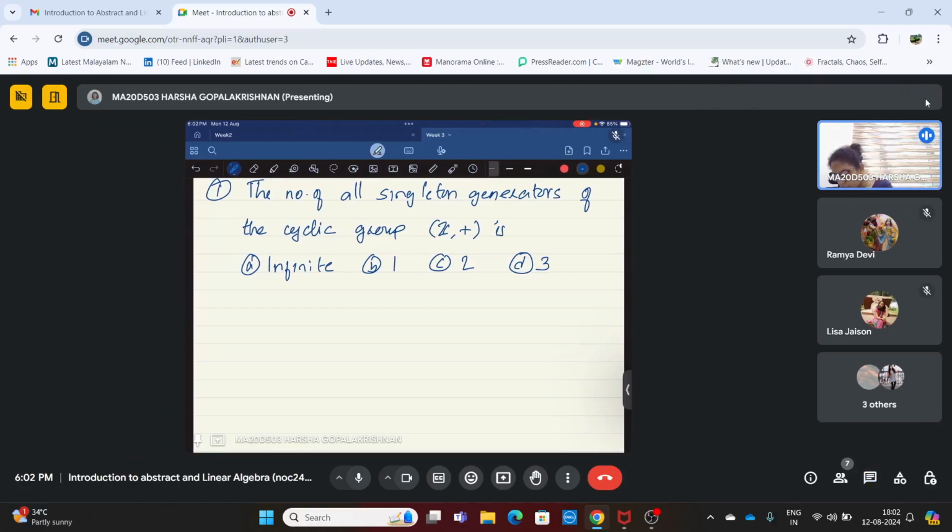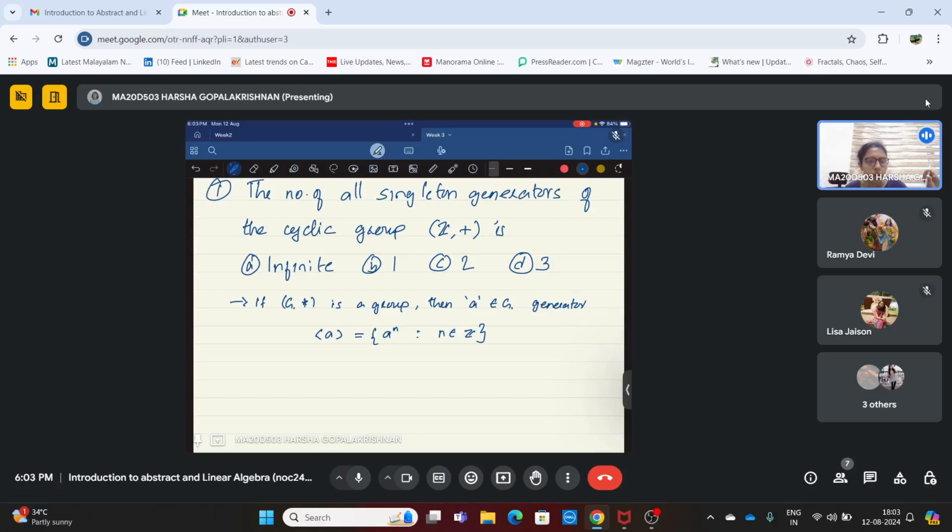If G star is a group, then an element A in G is called a generator if A generates the whole of G, that is, the set of all A power n such that n is in Z. We are taking all the powers of A: A square, A cube, etc., and A power 0, which is the identity, and A power minus 1, A power minus 2 and so on.